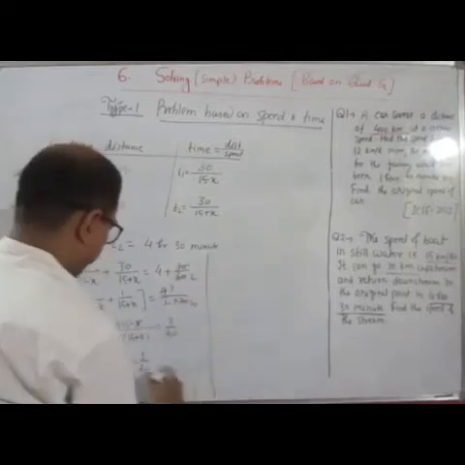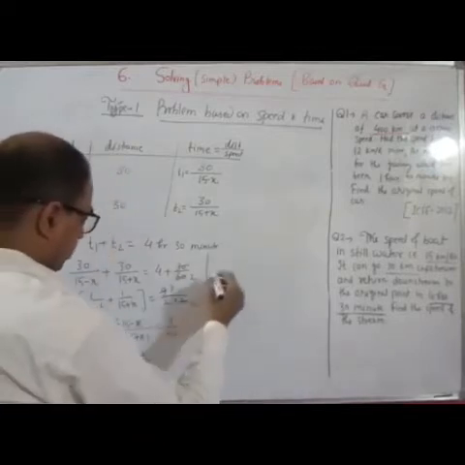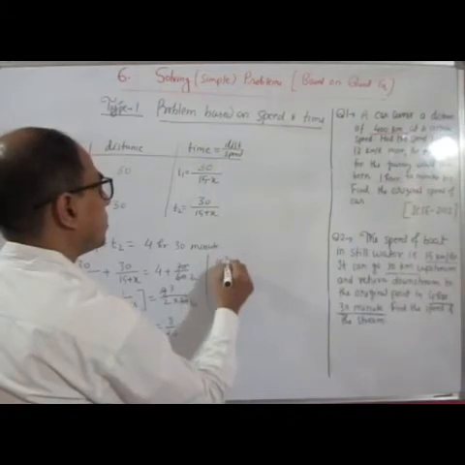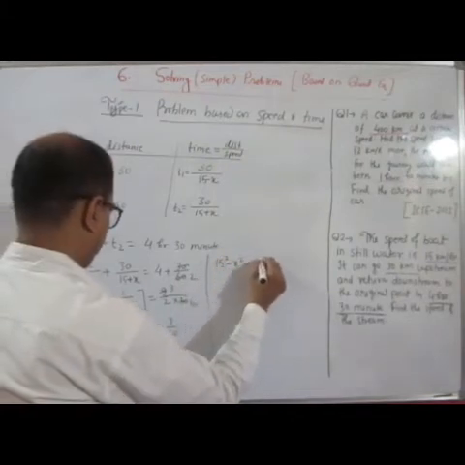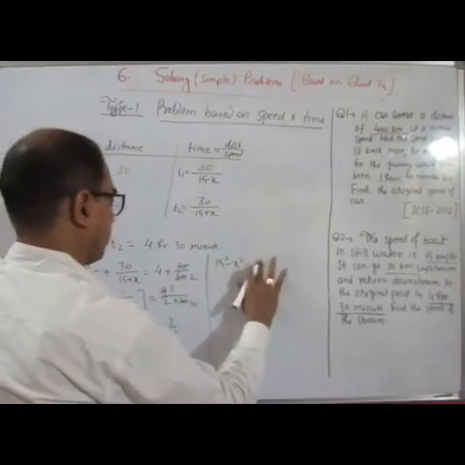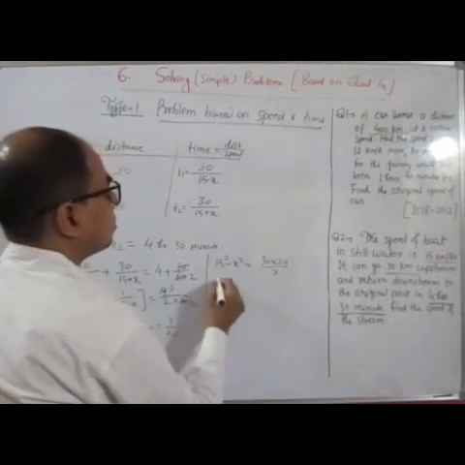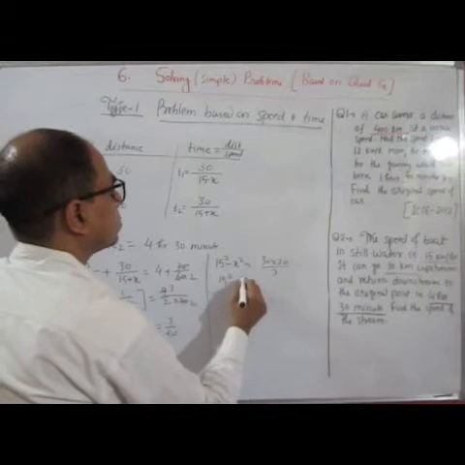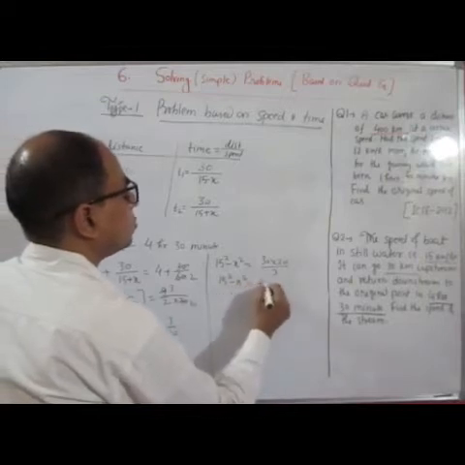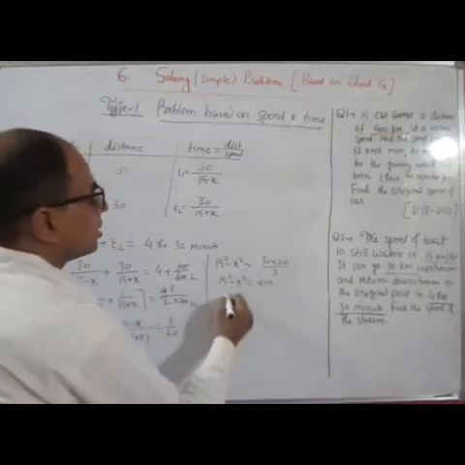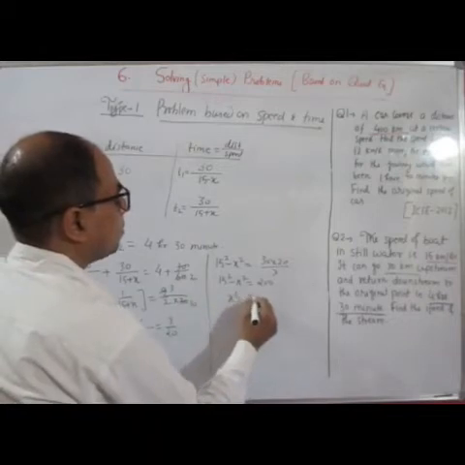So now we will get 15 square minus x square is equal to 30 into 20 by 3. So 15 square minus x square equal to 200. So x square equal to 25.